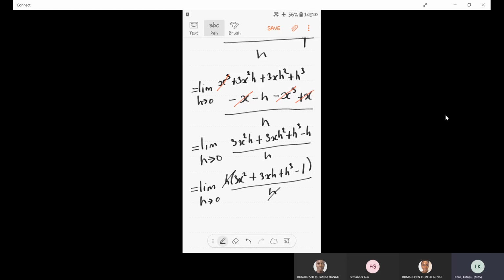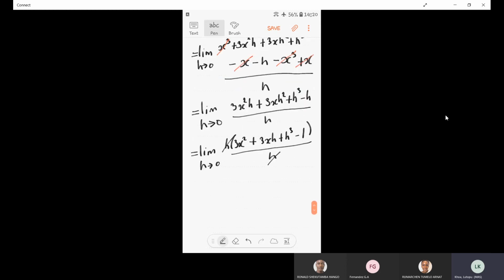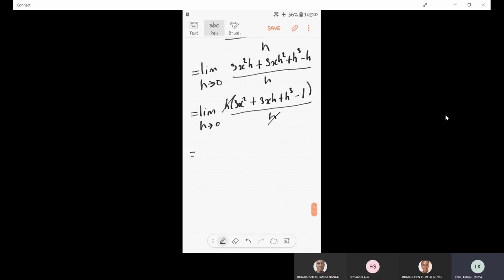So then those two cancel each other out. Then I'm left with the limit as h goes to 0 of 3x squared plus 3xh plus h squared minus 1. Now I can substitute, because when I substitute, I'm no longer dividing by 0. So what I get will be defined.